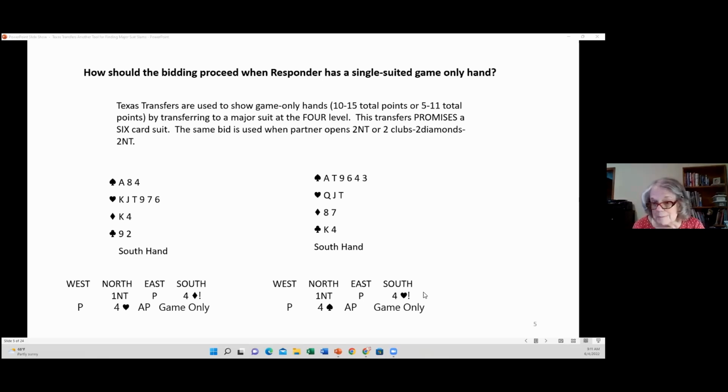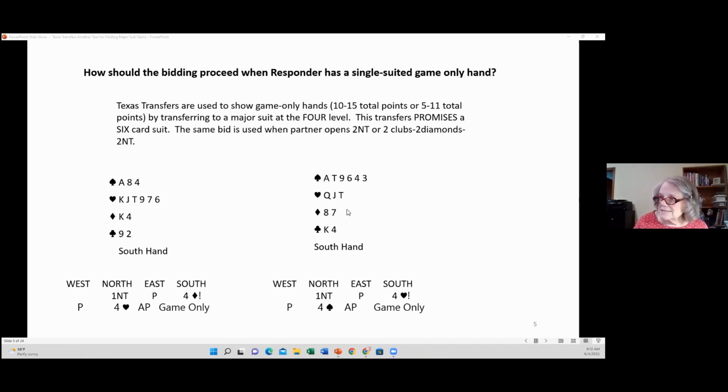And the only thing to do about it is play the hand as fast as possible, laugh as much as you can, and then go on to the next one. It's not the fate worse than death. The sun's still going to come up in the east tomorrow morning. Partners sometimes forget, and all of us do. So we need to be a little forgiving, particularly when we have first learned Texas transfers.